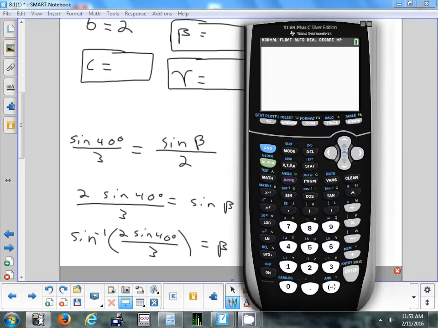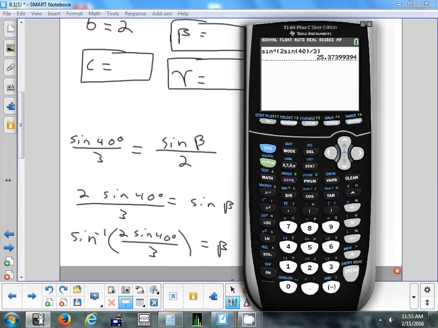Make sure you close your parenthesis for the argument, and then close your parenthesis for the inverse sine, and you should get 25.374.